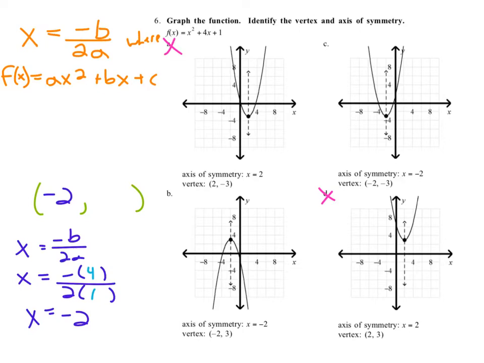Now, the reason I like f of x instead of y is that this is the general form of the entire line, but we can also write f of negative 2, because that's the point we're looking to find, equals. Now, let me get rid of this and write our equation.